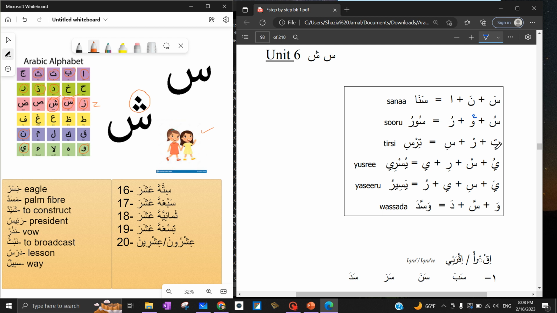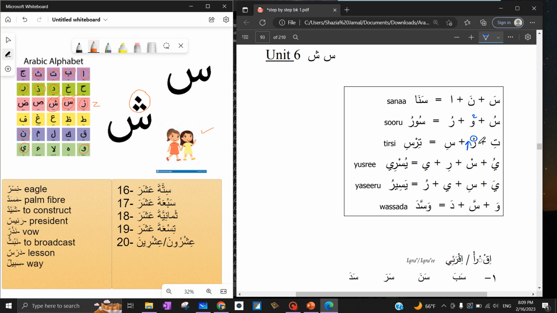Tirsi. Now ta is with kasra and ra with sukun. So tirsi. And yes, in the previous lesson we studied that ra is a heavy letter. But what about when it comes with a sukoon? When it comes with a sukoon, you have to pause on that letter. Even though you pause on ra, you should raise your tongue because it's still heavy.